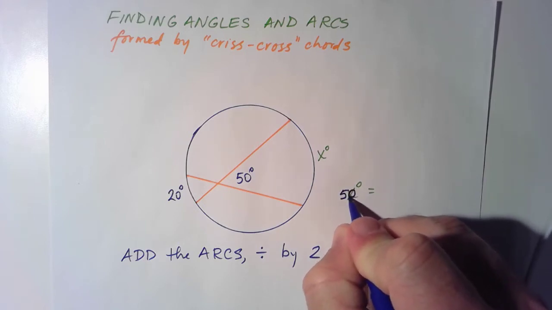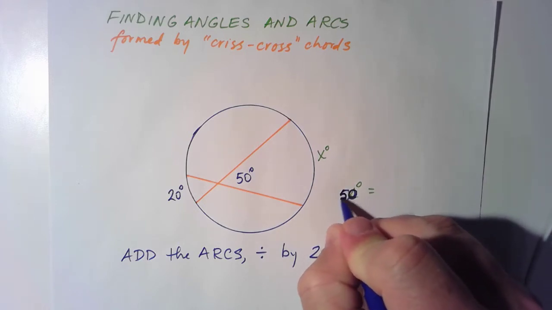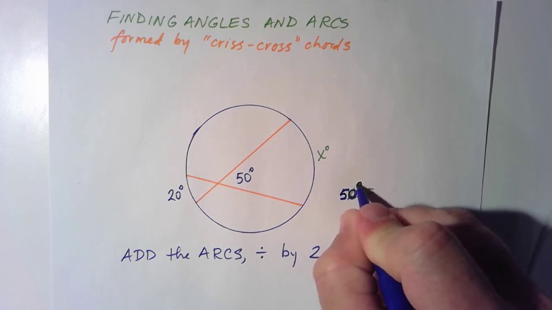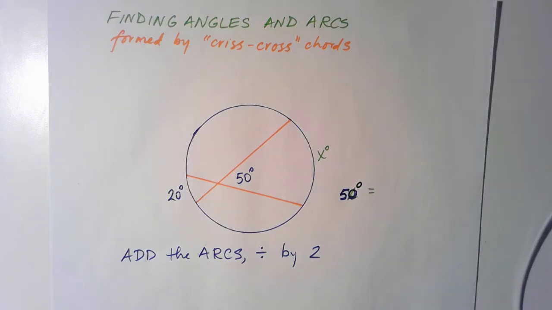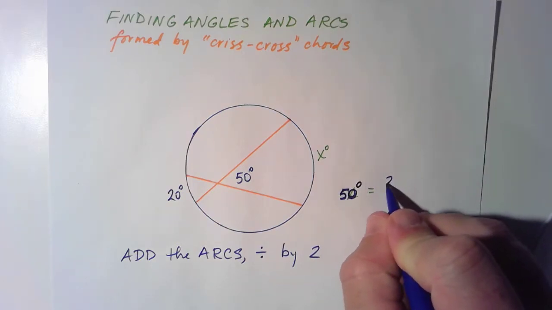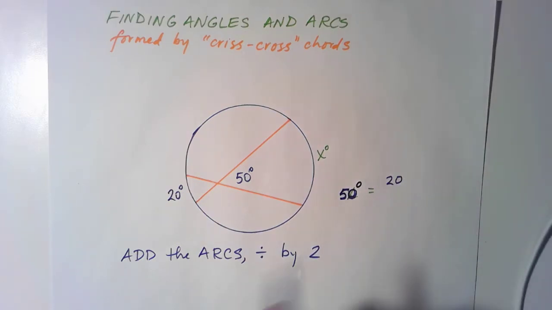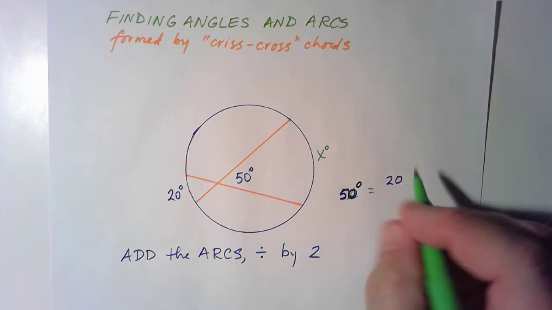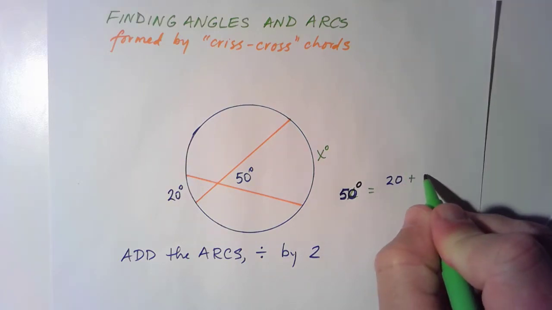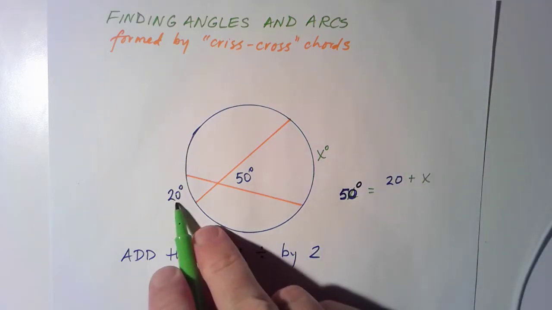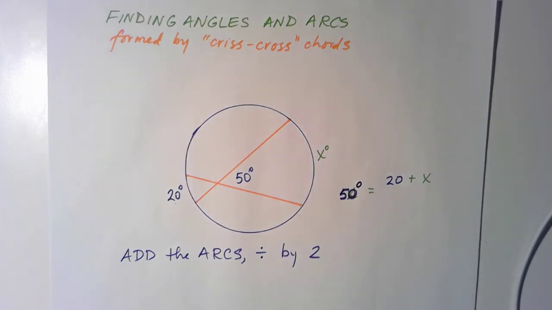I'm not going to redo this video, so I'm just going to go ahead and fix that. Sorry, the angle, there we go, equals, didn't I just say don't be brainless? The two arcs are 20 and x. That's basically your whole lesson.